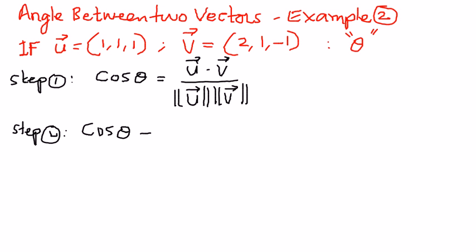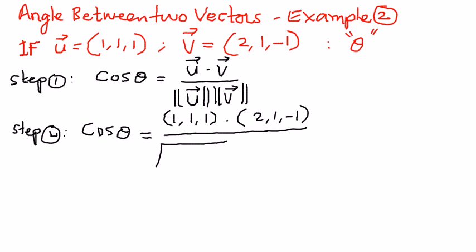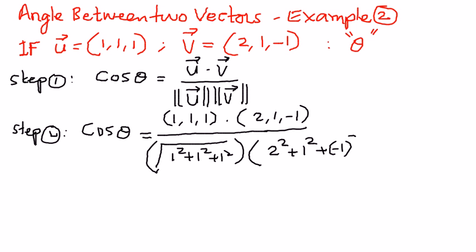Cosine theta is going to be equal to vector u, which is 1, 1, 1, dot vector v, which is 2, 1, -1, and then the magnitude of vector u is going to be the square root of 1 squared plus 1 squared plus 1 squared, and then the magnitude of vector v is going to be the square root of 2 squared plus 1 squared plus -1 raised to the power of 2.